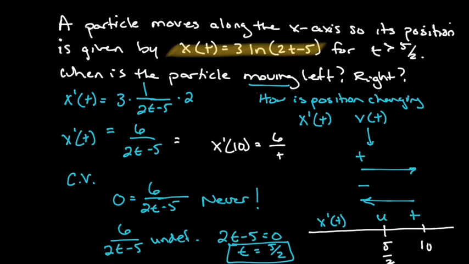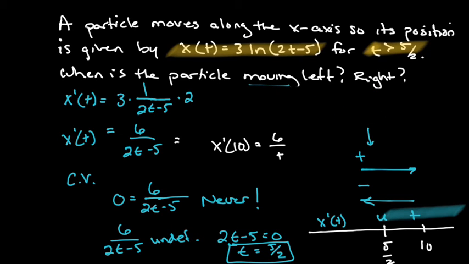I could look on the left, but that's not going to make any sense because natural log isn't defined there, and that's why I think they're giving me this restriction. So ultimately, x prime of t is positive on the entire interval, which means I can write my full statement.